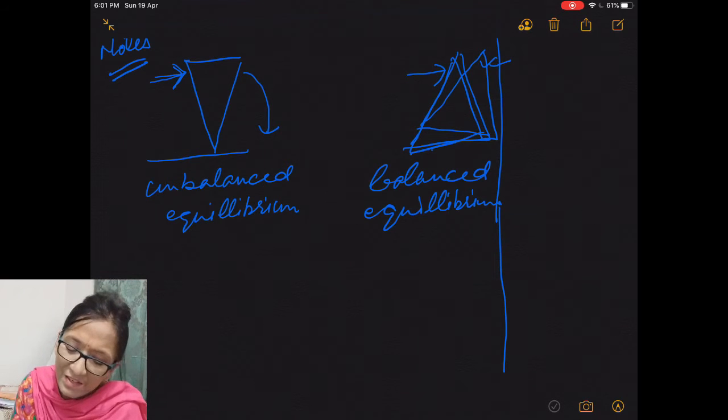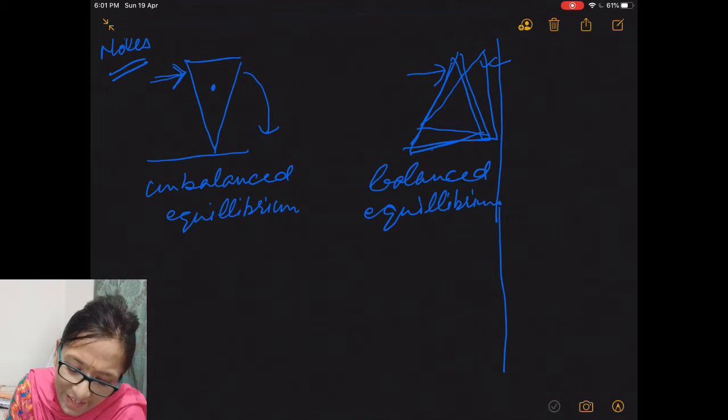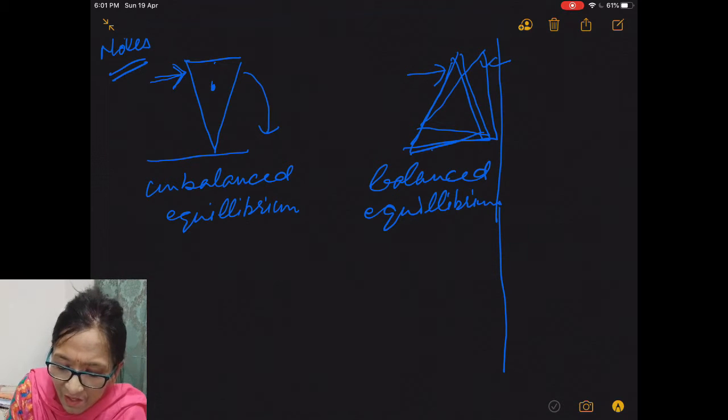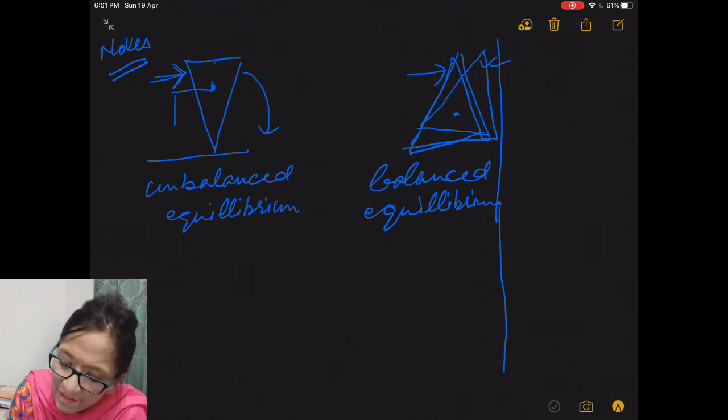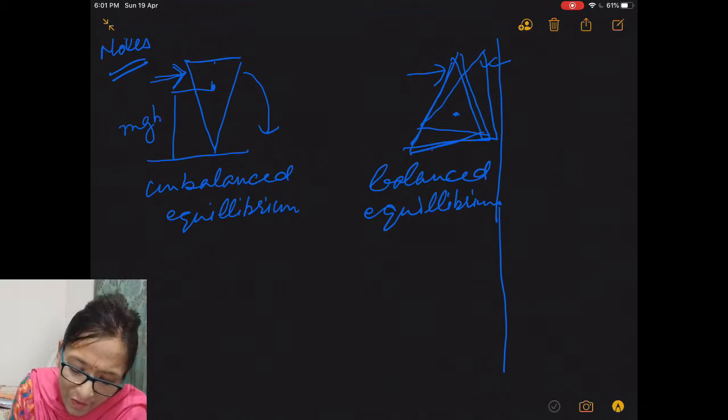You can understand all this concept on the basis of potential energy also. So you know that center of mass lies close to the portion where mass is more in magnitude. So here center of mass is near to base. So potential energy will be mgh. Here h1 is increased.